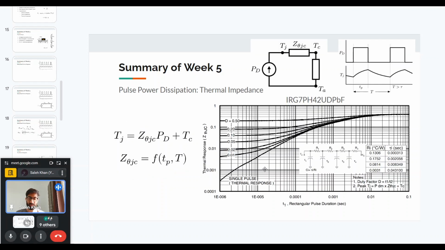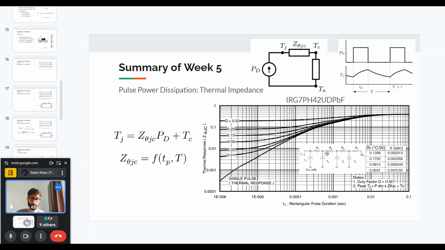So if we see in the data sheet of, for example, this IGBT, the thermal impedance is given, which is also related to transient thermal responses. And here we can see that they have given the Foster network. So from the junction to the case, they have given different resistances and capacitances, and they have given the values of the resistance and the values of the time constant.